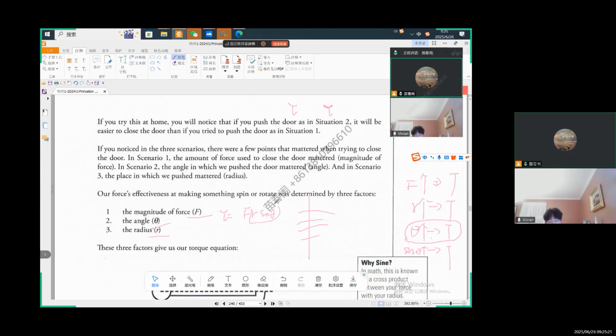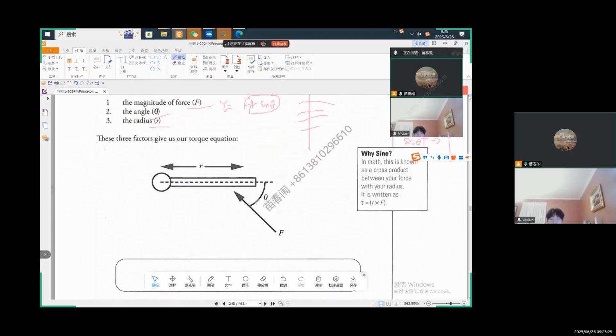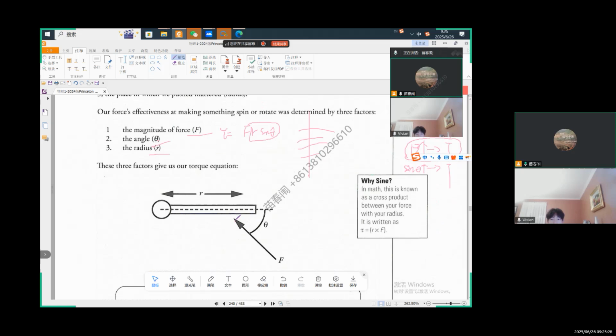What is R sine theta is something that the scientists discovered. It's basically this. If this is R, and this is theta, then R times sine theta is this one. Does that make sense?